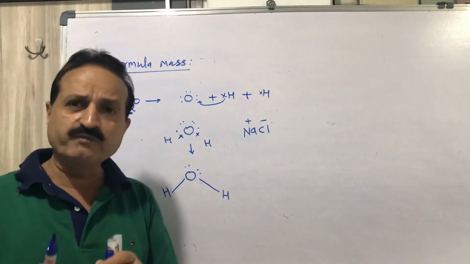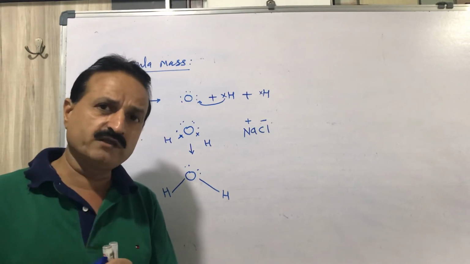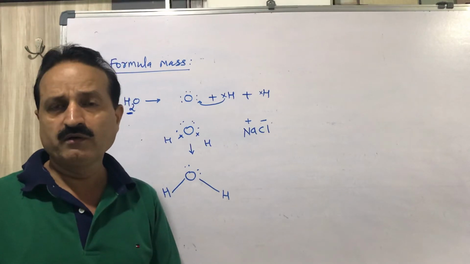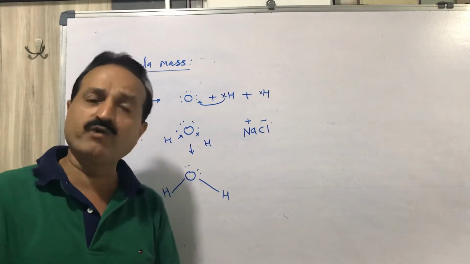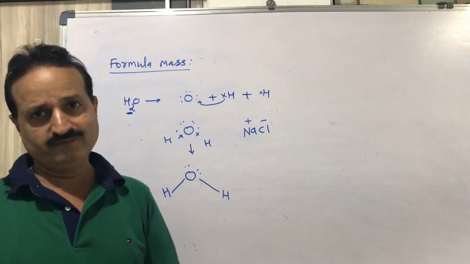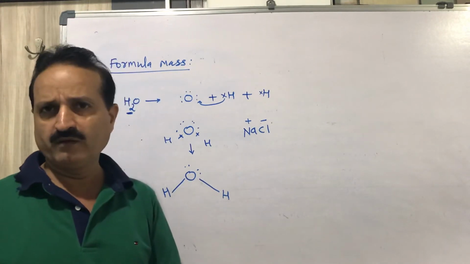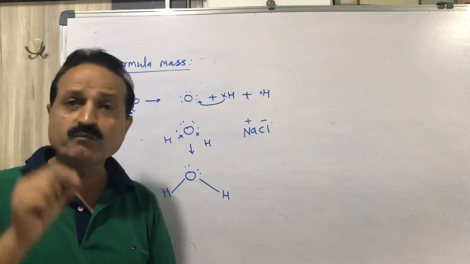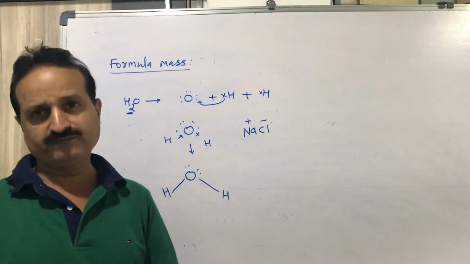The difference is that a molecule has covalent bonds between its atoms, while in formula mass there is an ionic bond. The calculation method is the same, but the term used is formula mass.